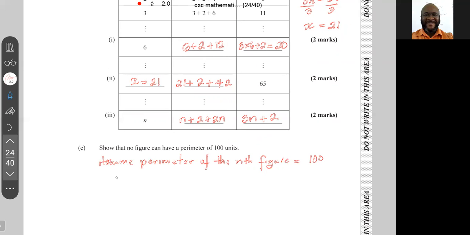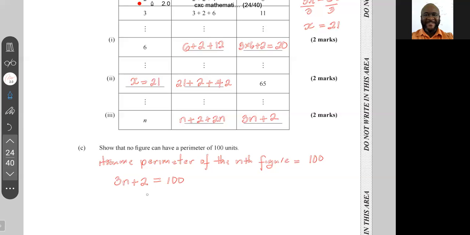So it means therefore that 3n plus 2, which is the perimeter of the nth figure, is equal to 100. Now, n is the figure number. The figure number must be a whole number. If n comes out to be a whole number, the perimeter can be 100 units. If n comes out to be a fraction or a decimal, it means that there's no figure with a perimeter of 100 units.